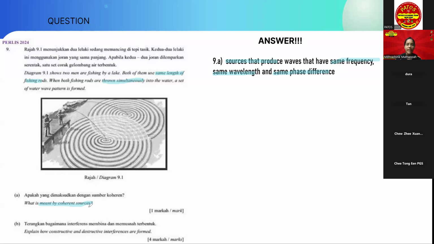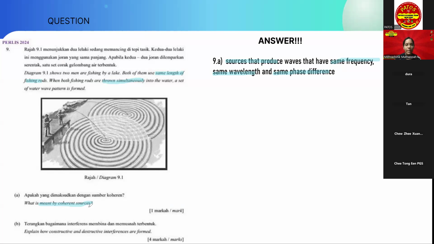So how exactly are we going to remember these two definitions? A tip from me is you can remember either the definition of coherent wave or the definition of coherent sources. So when they ask in the exam, you can choose either one and write it.